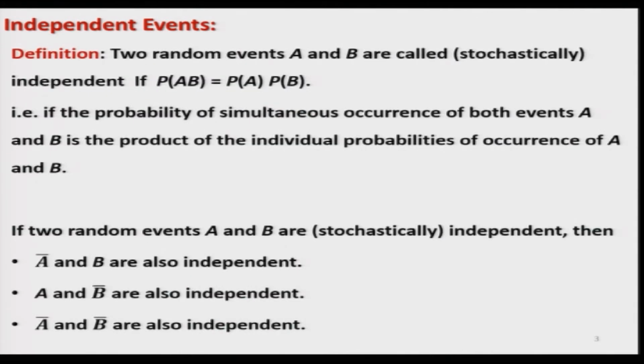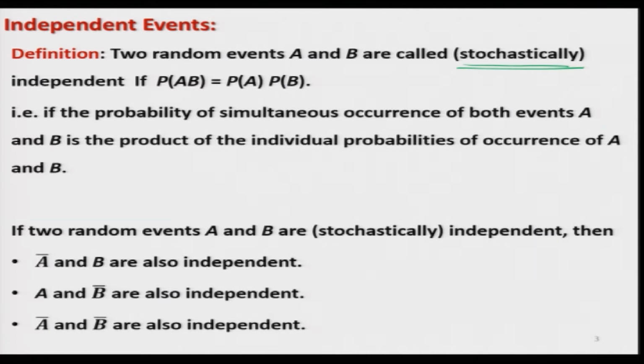Now I can formally define the independence of two random events A and B. They are actually called stochastically independent or statistically independent. Usually in statistics we do not use the words statistical independence or stochastic independence again and again.